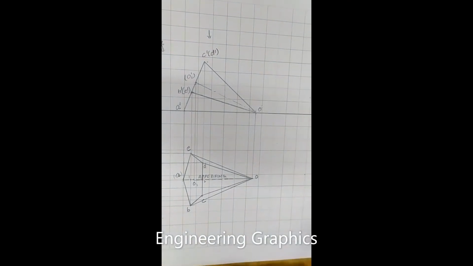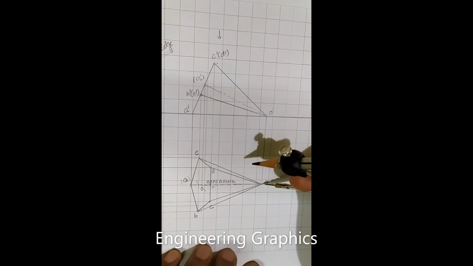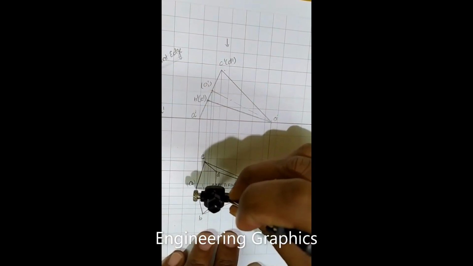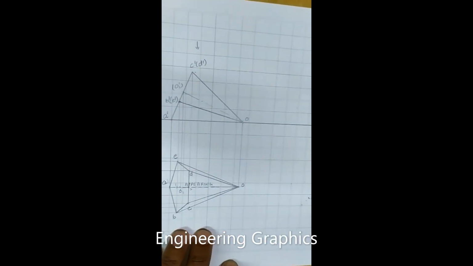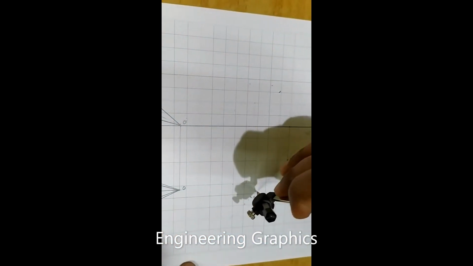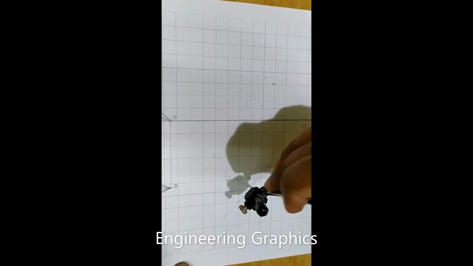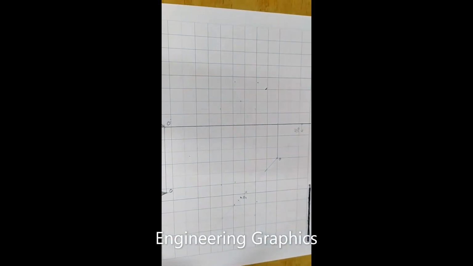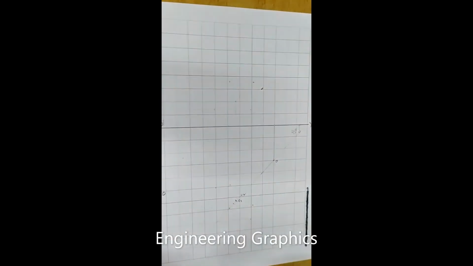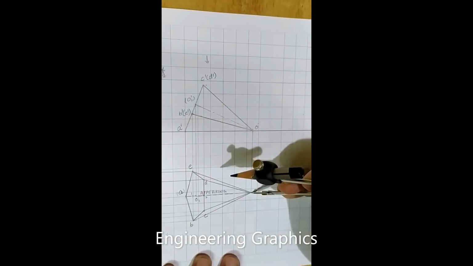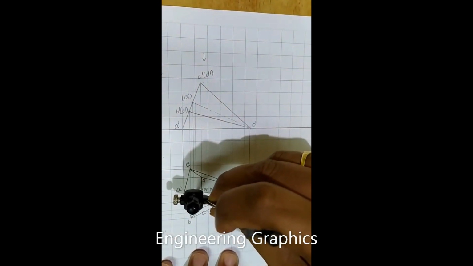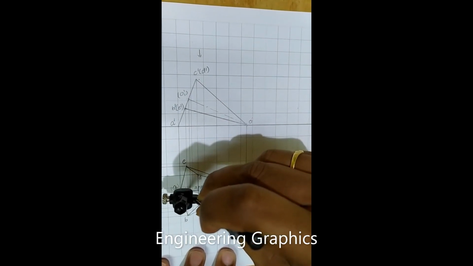So what I'll do is, I take the distance now from O to 2 first. I'll take all the dimensions with respect to O itself. So take the distance from O to 2, I'll place at O and I'll cut an arc to obtain which corner? So I'll get the point 2 here. Once after getting this point, I'll take the dimension from O to O1.